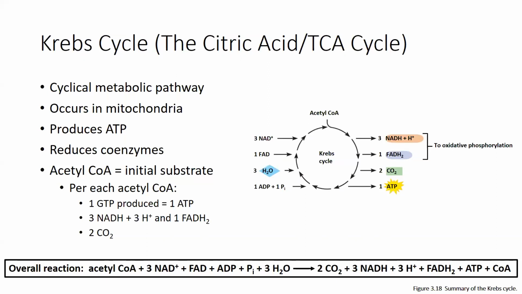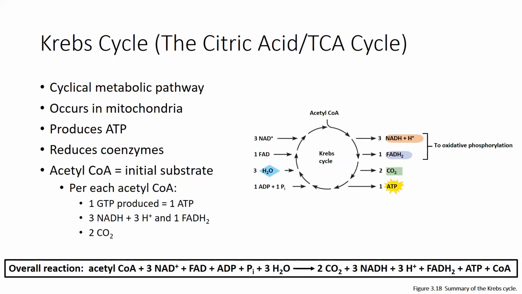All right, and let's just remind ourselves of the overall reaction down here. We're investing acetyl-CoA, which is the substrate that's coming from that linking step. We're investing NAD+, FAD, some ADP, and we're going to phosphorylate that at the end to make ATP. We're going to reduce our carriers here, so NAD and FAD, we reduce them by adding some electrons, and we're also yielding some CO2, which we breathe off.